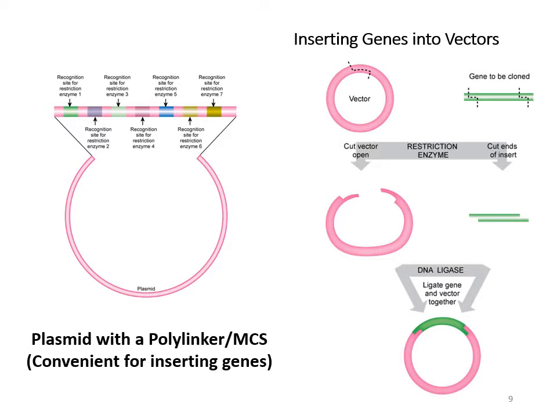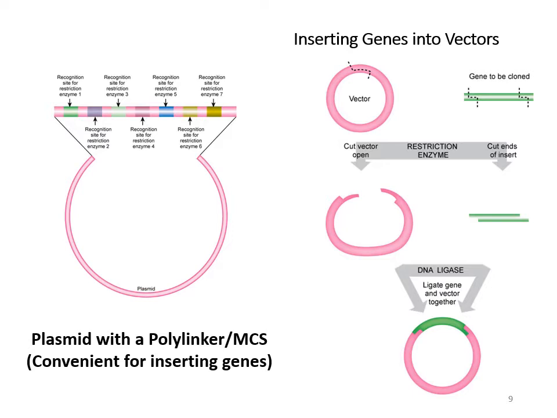Now, keep in mind, not all plasmids will have that insert or the polylinker, and ligation is not always perfect. Okay, when you do this process, not every vector is going to get cut open.